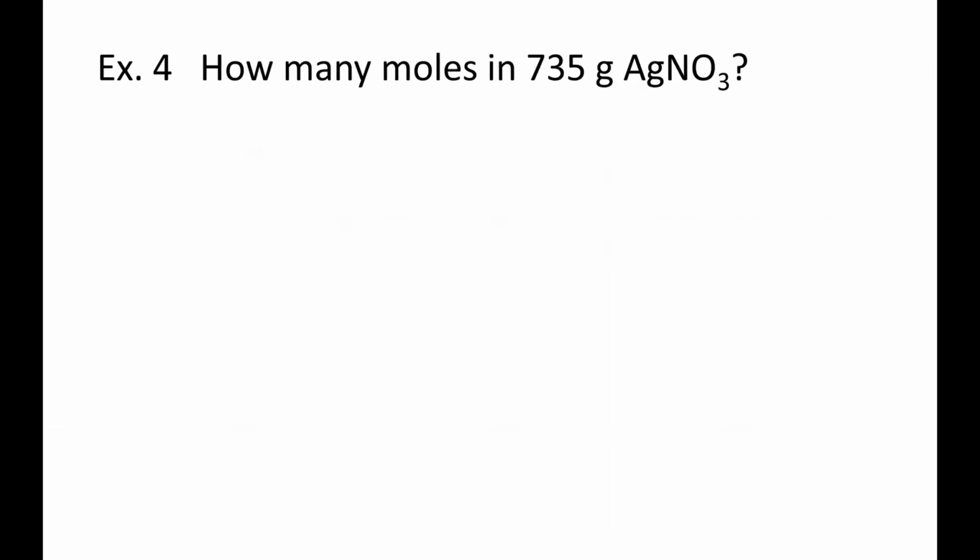How many moles are in 735 grams of silver nitrate? Okay, so 1 mole of AgNO3 is equal to, handy dandy calculator here, 169.88 grams. Okay, so this is what we're going to use. So now we're going to start with 735 grams of AgNO3.